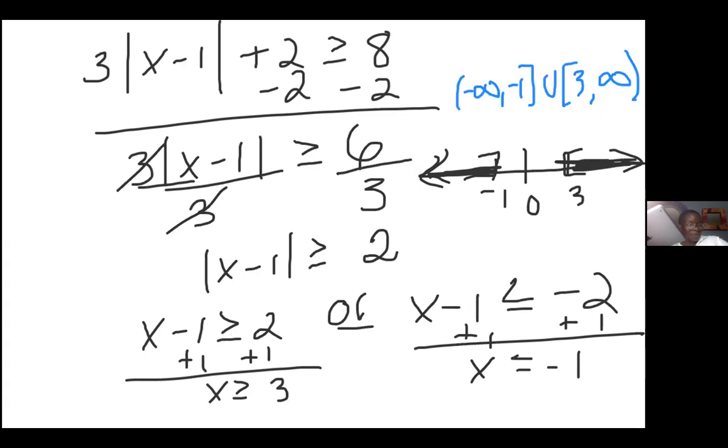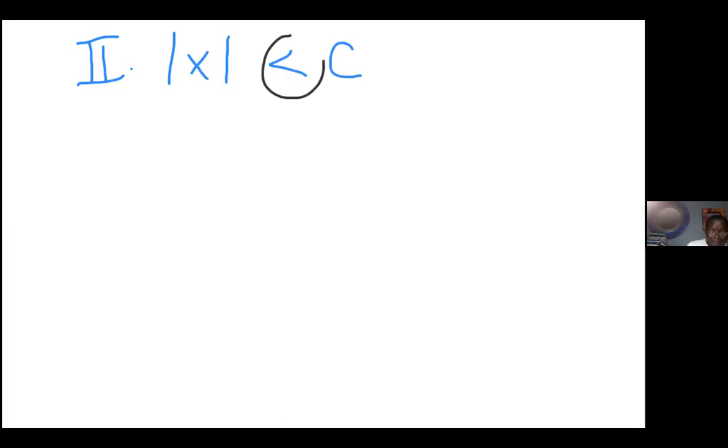Okay. All right. So guys, here's the last part of it. That was the first type of absolute value inequality. So here's the second type, and that is the absolute value is less than c. When the absolute value is less than c, guys, this reflects the intersection of two sets.